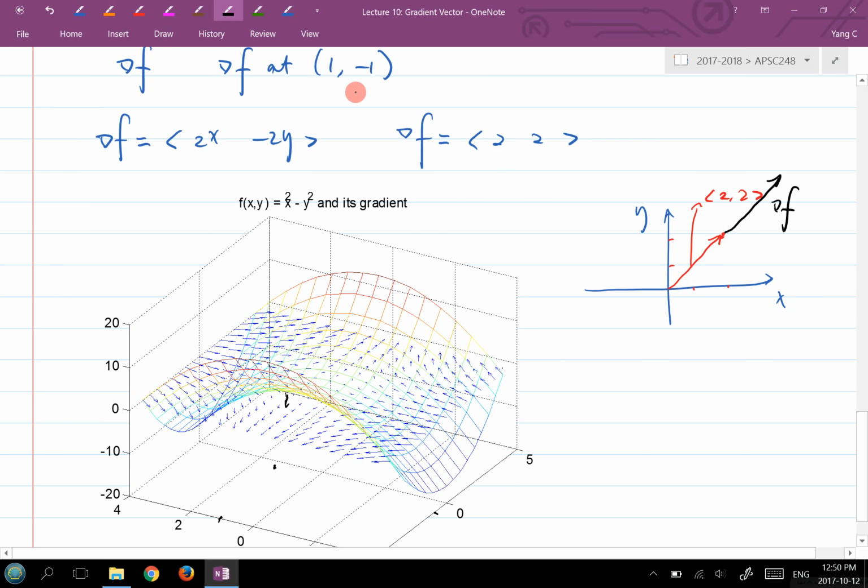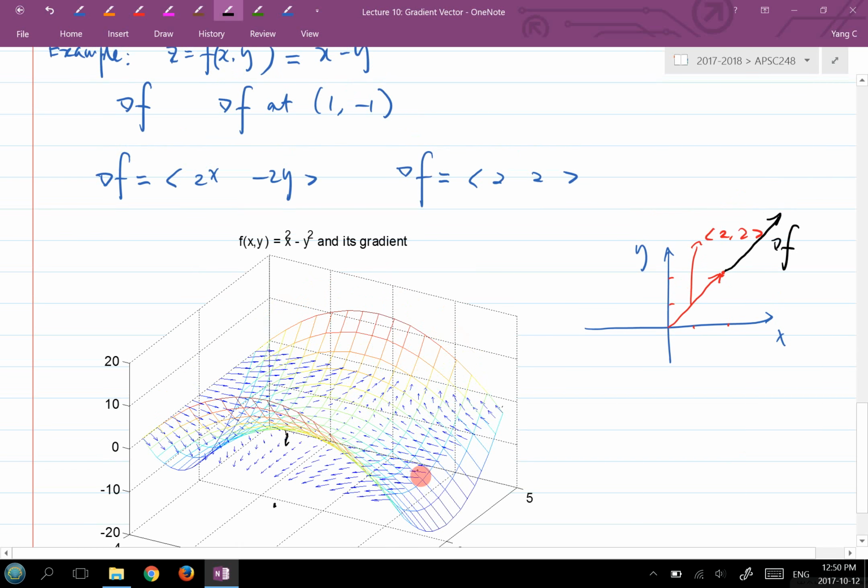Is that clear? Okay, very good. So as you can imagine, if you have a function of, in this case, 2 variables, and you calculate the gradient vector, you can create a map, a distribution of gradient vectors in the xy plane.